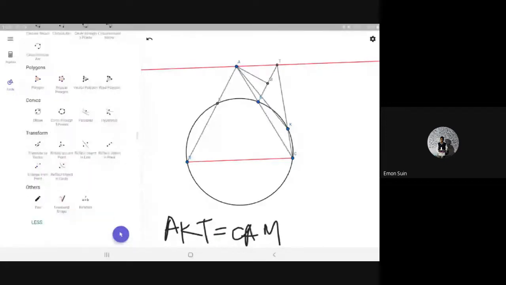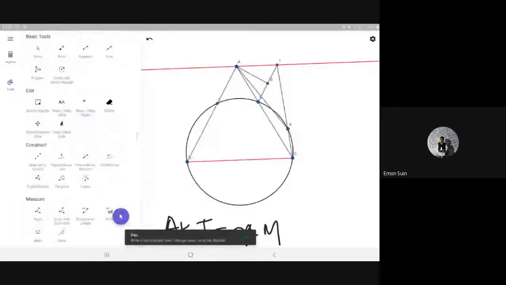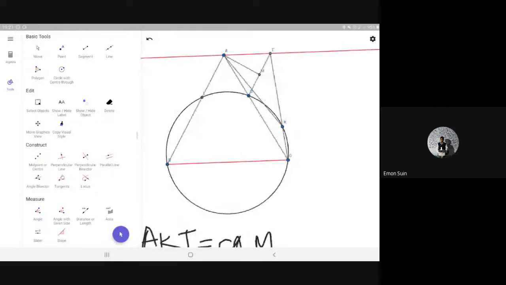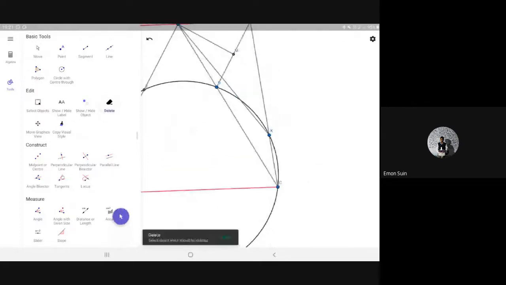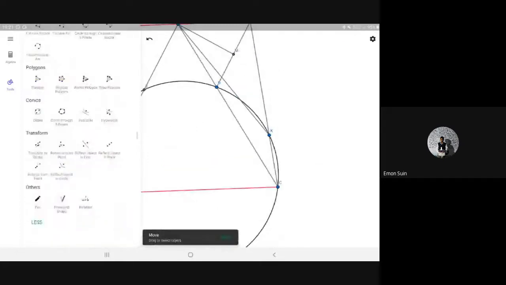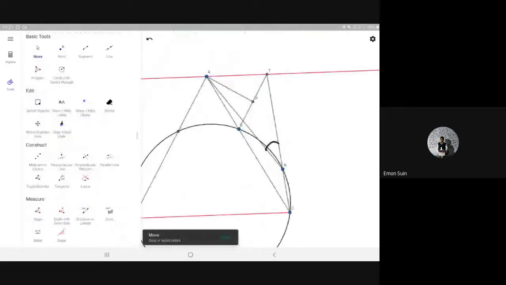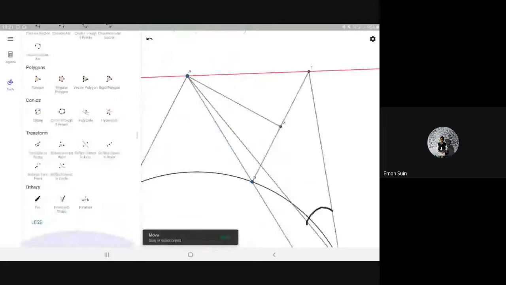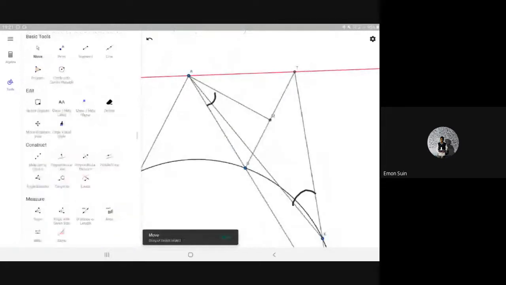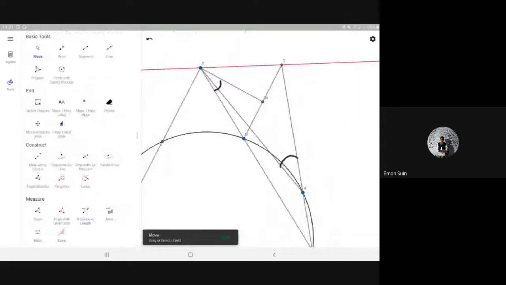So, if you notice the problem, then you'll understand that the angles mentioned are quite weird, right? One of the angles is here, AKT, and the other angle is this, CAM. So if you draw the diagram on paper and try to do something, then you will find that it's kind of awkward to deal with, because in a way the angles are not in the same place.